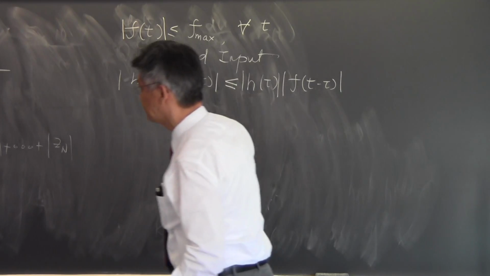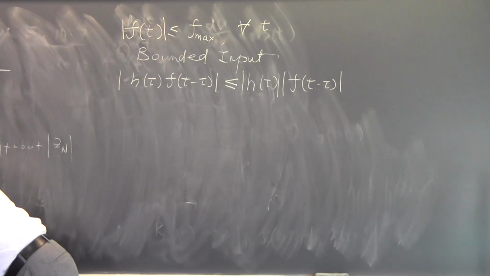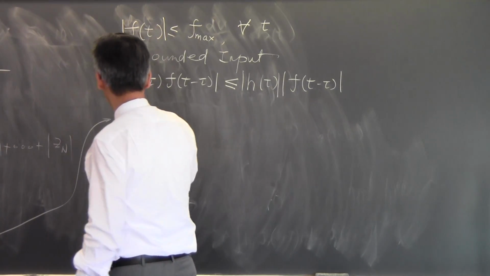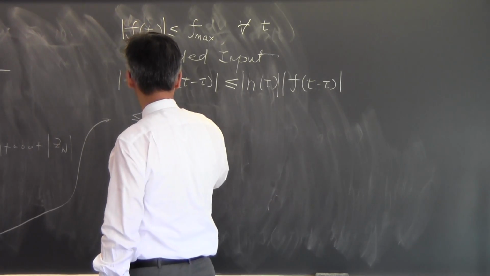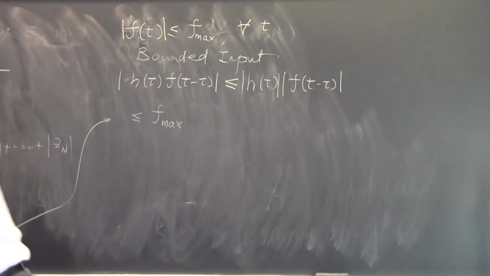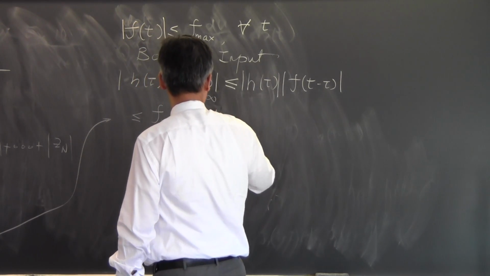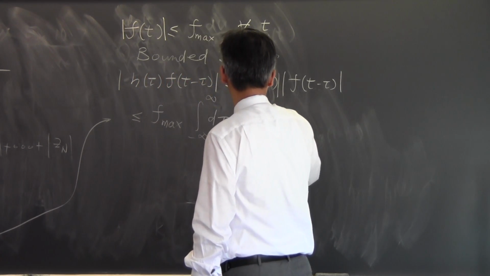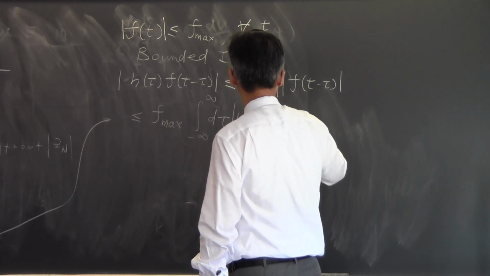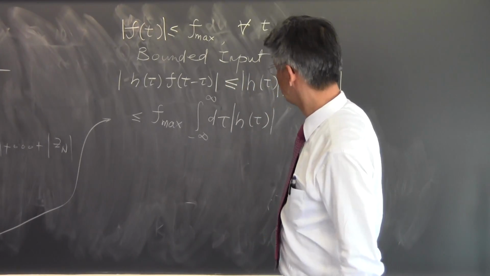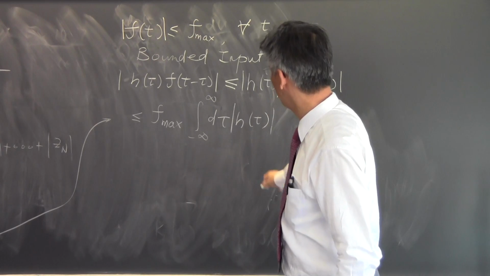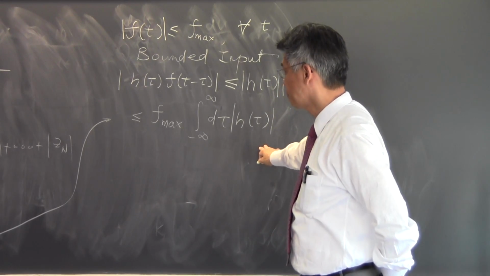Then that thing over here is going to be less than or equal to f max. I take the maximum of its value outside, and then have the integral of the magnitude of h of tau d tau. I will only have this.